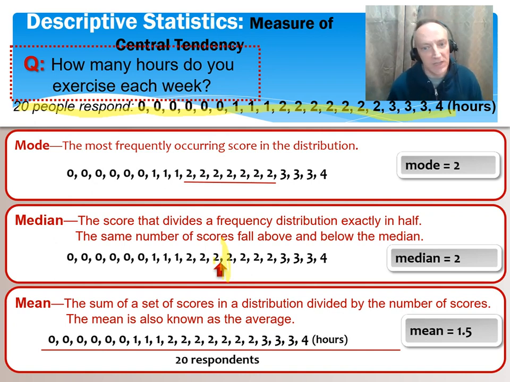So with this data set, I can say I have a mode of 2, a median of 2, and a mean of 1.5. Well, why do I need 3 types of measures of central tendency?